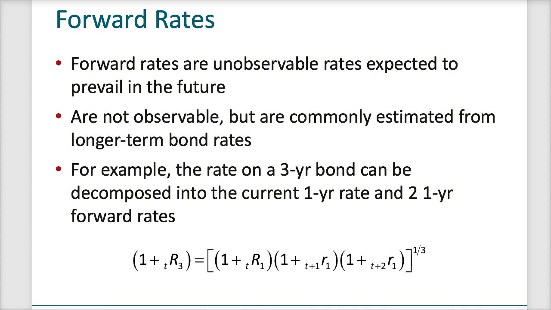Therefore, the market rate of any maturity can be expressed as an average of the current rate and the applicable forward rates. Technically, the average involved is a geometric rather than the arithmetic average. And that's basically what we see in this formula down here.